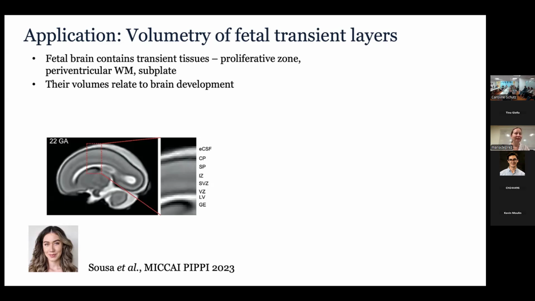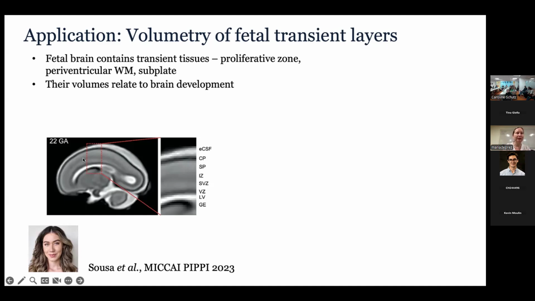In particular, something we decided to call the proliferative zone, because there is some confusion in the literature about what it means. That's this very dark part, the germinal matrix, and some people call it the ventricular zone, some the subventricular zone. So I decided to stay away from that naming and call it the proliferative zone. That's where we have stem cells that make neurons. And it's very dense, so it looks very dark. So that's one layer that we segment.